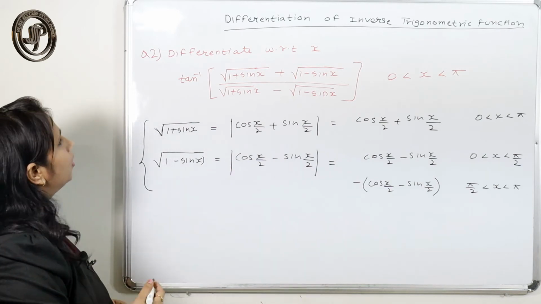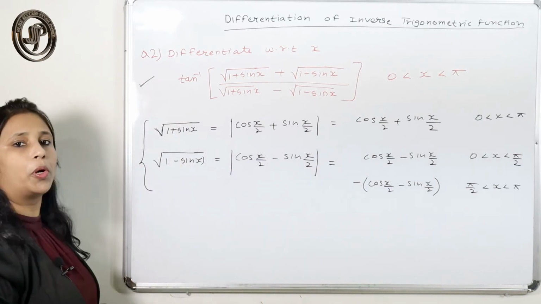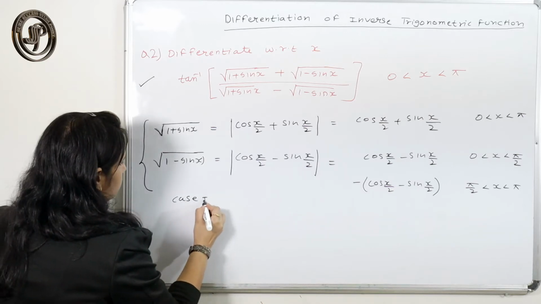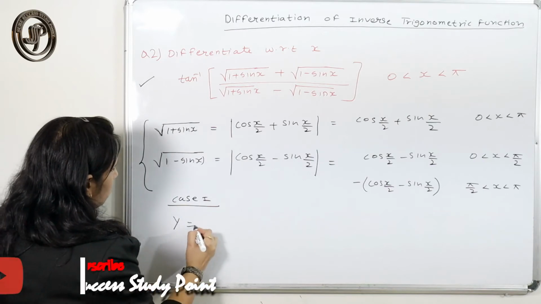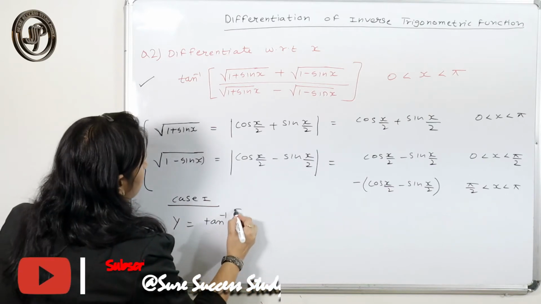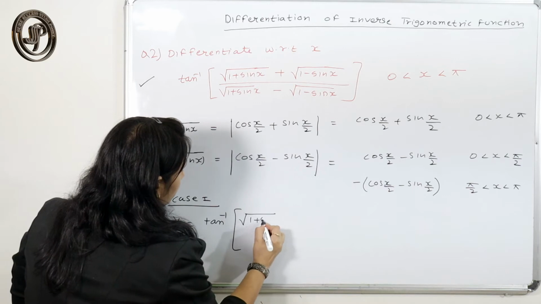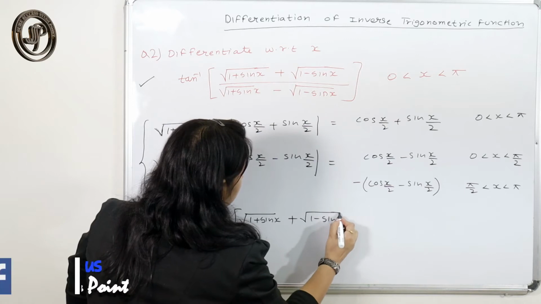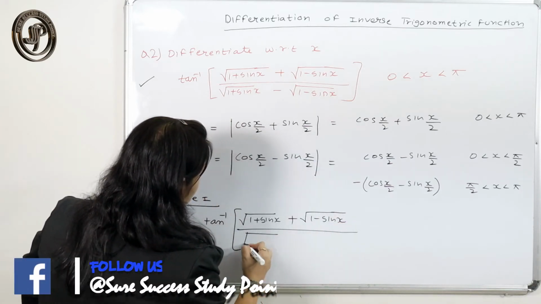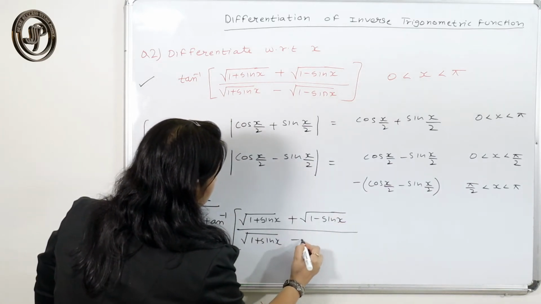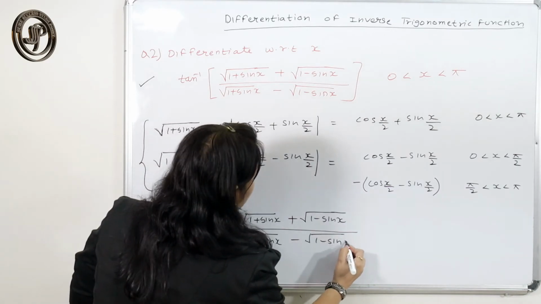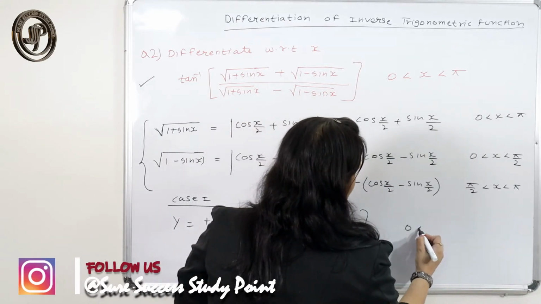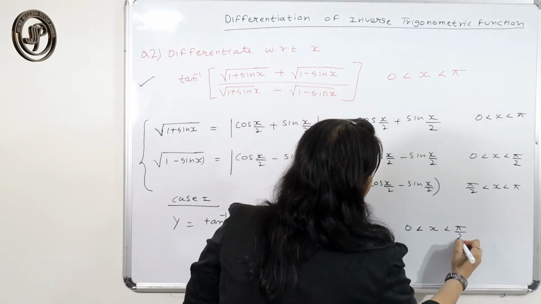So to simplify this question, your question is divided into two cases. In case 1, what will you consider? y is equal to tan inverse of (under root 1 plus sine x plus under root 1 minus sine x) upon (under root 1 plus sine x minus under root 1 minus sine x), when x lies between 0 to pi by 2.